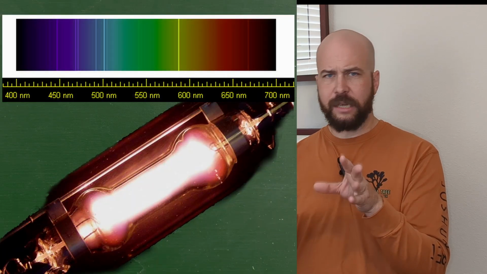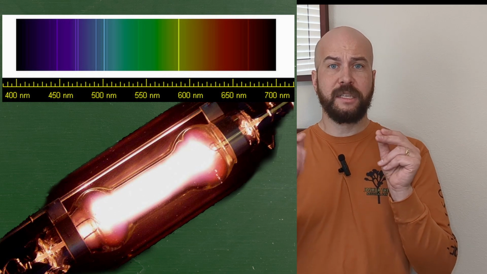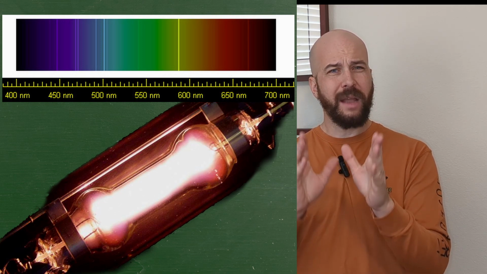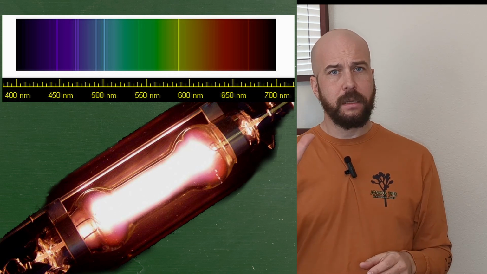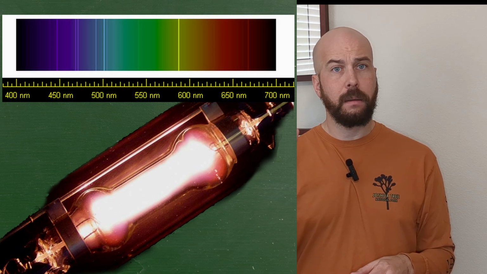So they called it helium after the sun. And later, when a sample of helium was obtained on Earth, an electric current was passed through it, and it began to glow, and its spectrum was recorded. And it was found to line up exactly with those lines seen in the sun.